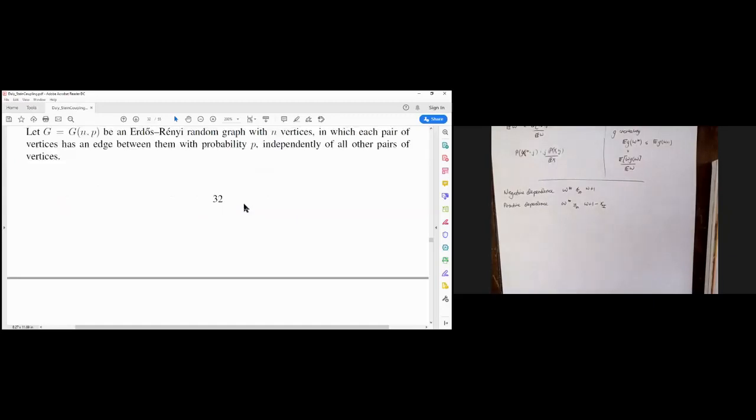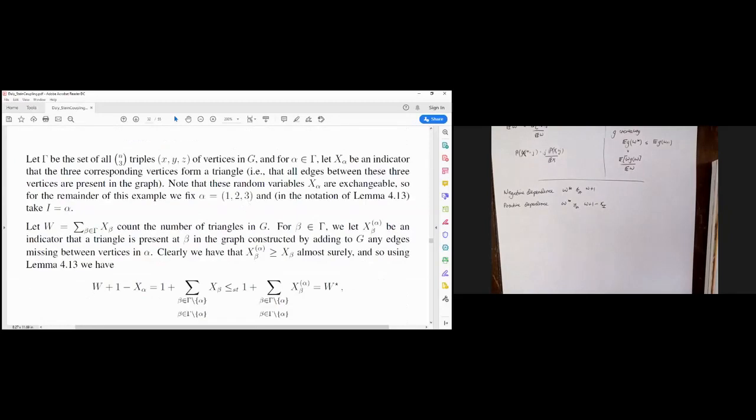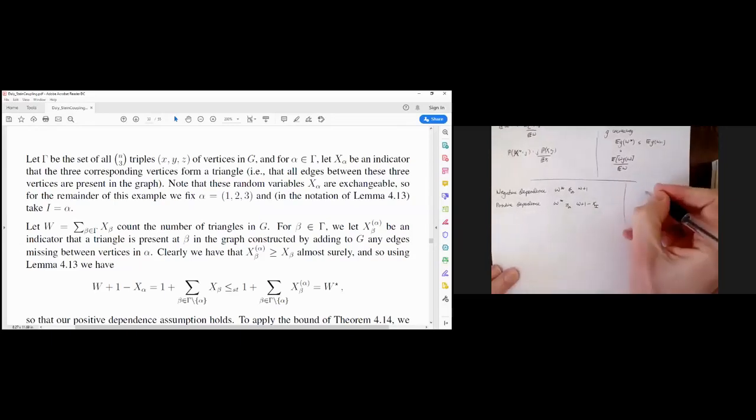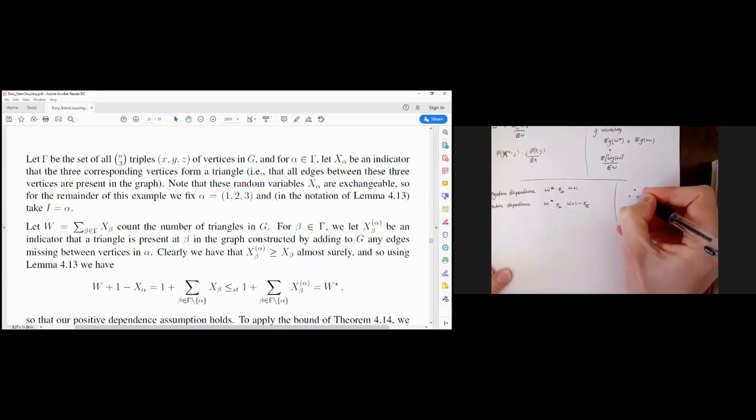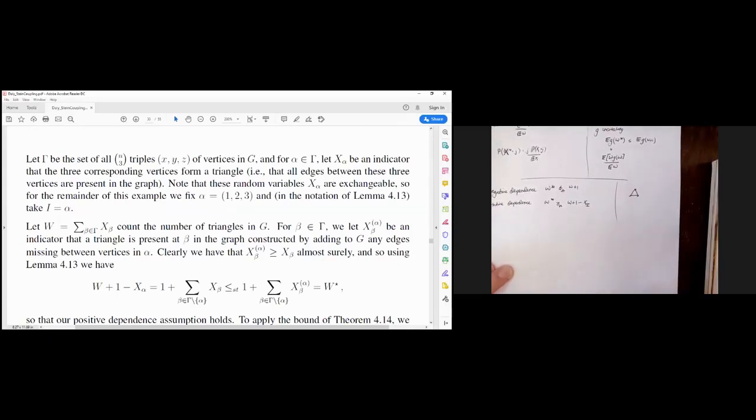I can think about counting the number of triangles in that graph by, well, we've got an index set where I'm thinking about all possible triples of vertices. A triangle is just a set of 3 vertices where every pair is connected by an edge. So a triangle is exactly what I want. I've got 3 vertices, an edge between these two, an edge between these two, and an edge between these two to make a triangle.